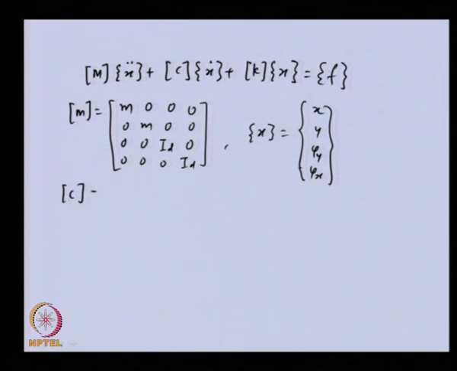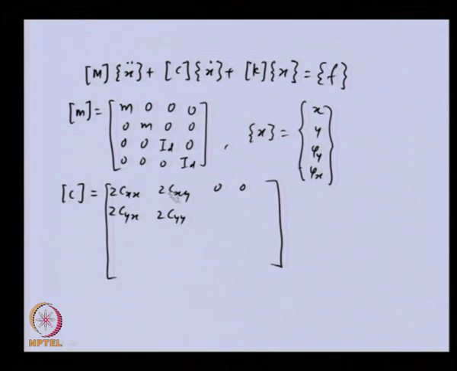Similarly, the damping coefficients will be now because of the cross coupled terms. Now we are getting 4 terms, earlier only the direct damping terms were there.